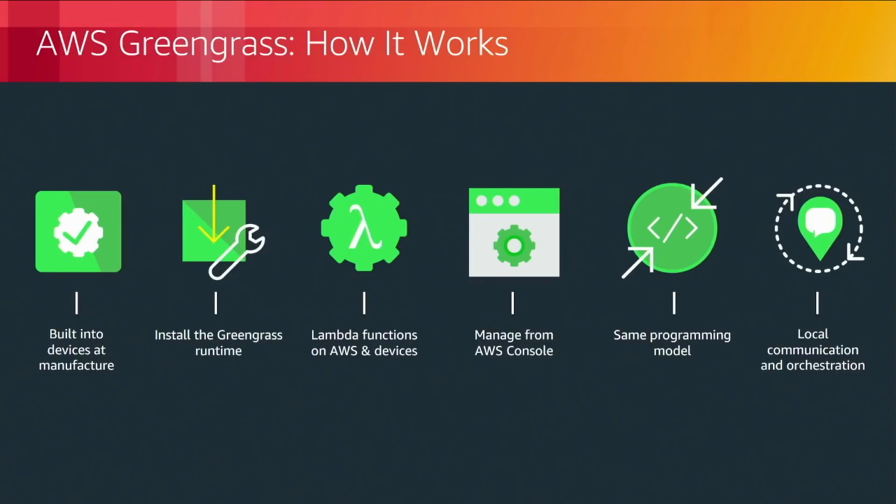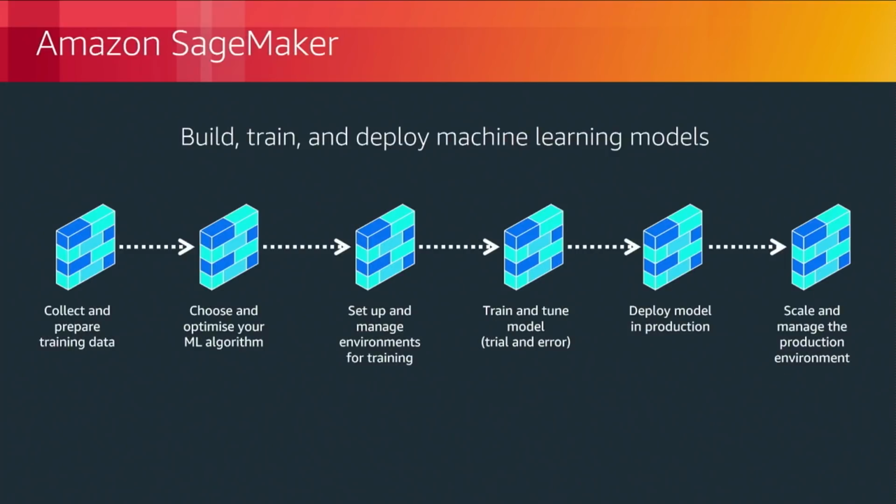And the general idea is that you bake this stuff into your equipment at manufacture. You don't actually even have to say that you're running Greengrass on the inside. The Greengrass runtime on this DeepLens actually installs just as a Debian package. It's running the Ubuntu operating system, so it's just an operating system package as you might expect. And then you can go and manage it from the console.